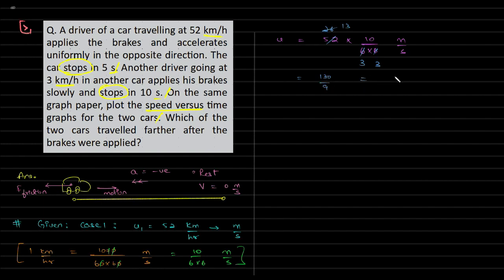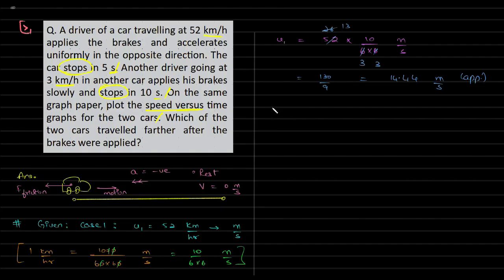That would be 14, right? No, wait. 9 1s are 9, 40, 36, yes. 14.44 meter per second approximately. That would be your first velocity, that is the first car's.